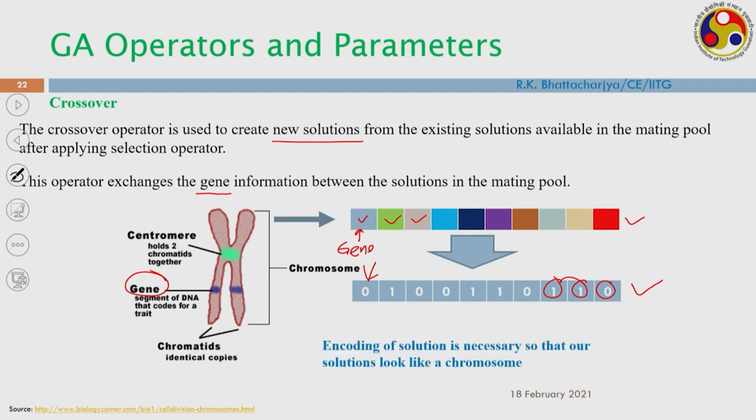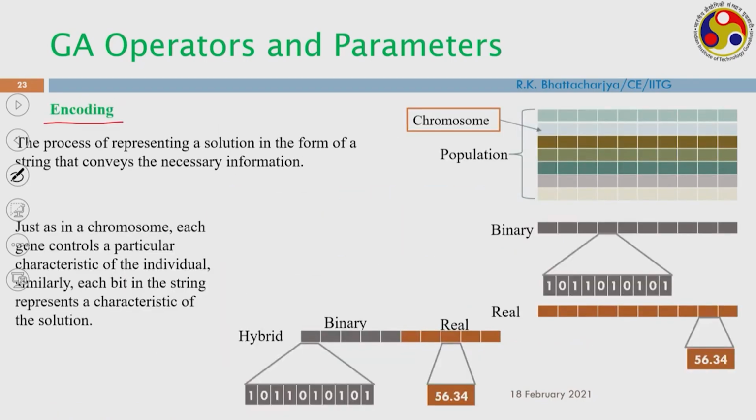So, for that, what do I need? Encoding of the solution is necessary, so that our solutions look like a chromosome. Whatever solution you have, you have to encode it so that it looks like a chromosome. So, how to do that? What is encoding?